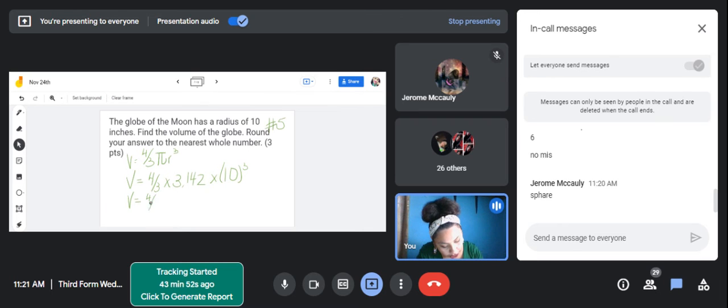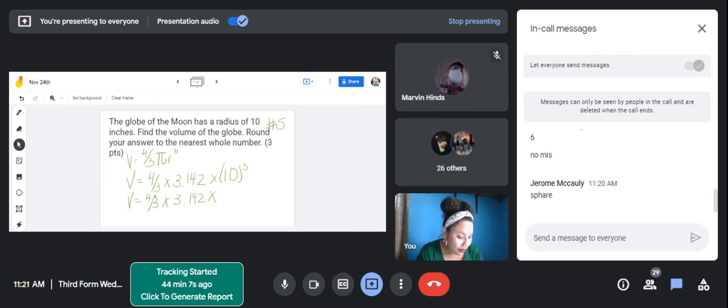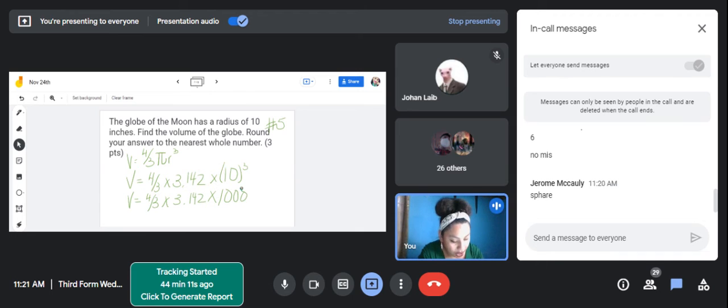Okay, 4 thirds times 3.142 times what is 10 to the third power? 10 times 10 times 10 gives you 1,000. I multiply that and give me the answer.